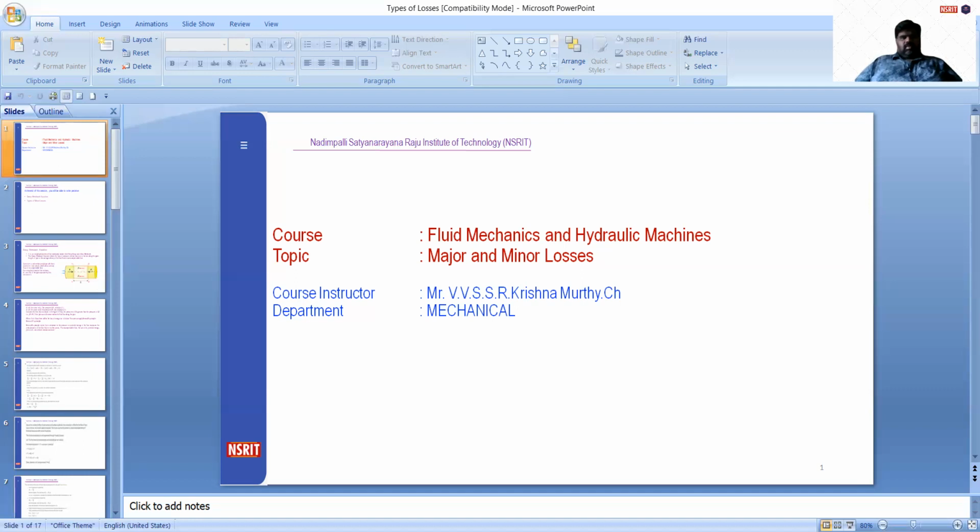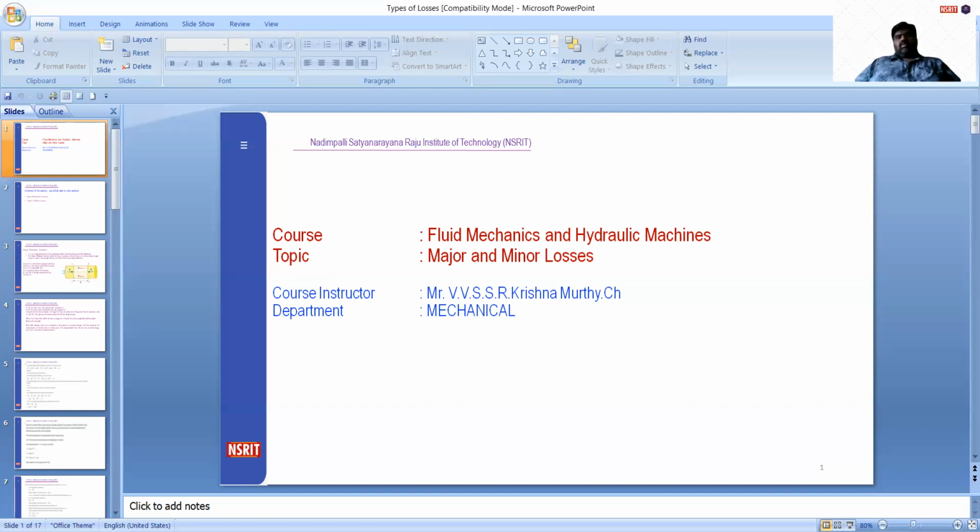And we know that (P1 minus P2) by specific weight is given as V2 into (V2 minus V1) by g. On simplifying, the loss of head due to sudden expansion is (V1 minus V2) whole square by 2g, where V1 is the velocity at section 1 and V2 is the velocity at section 2. So (V1 minus V2) square by 2g determines the loss of head due to sudden expansion.